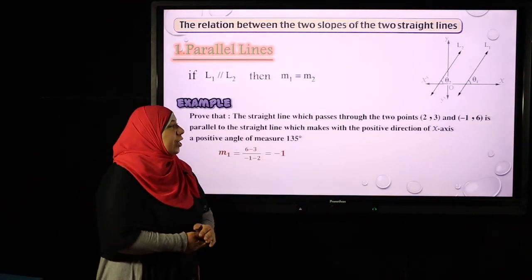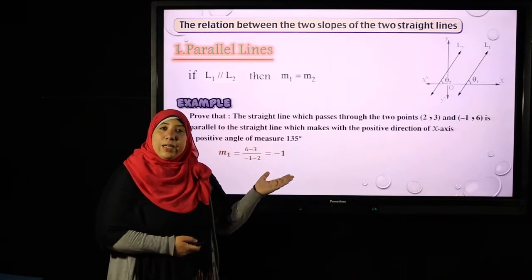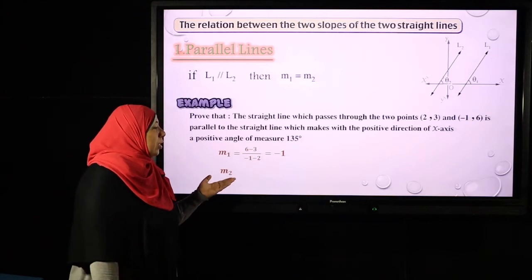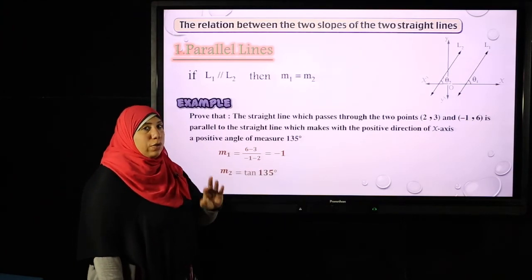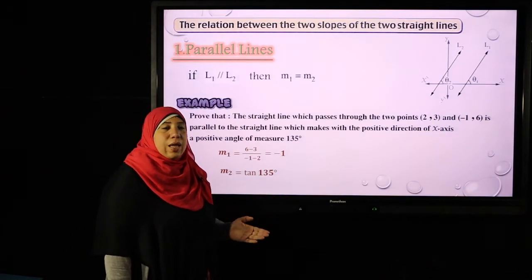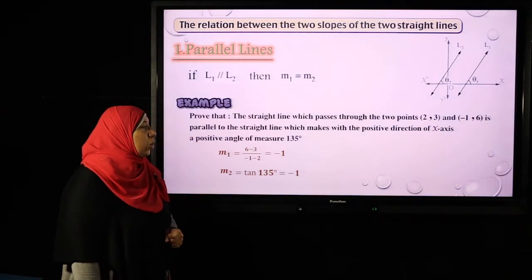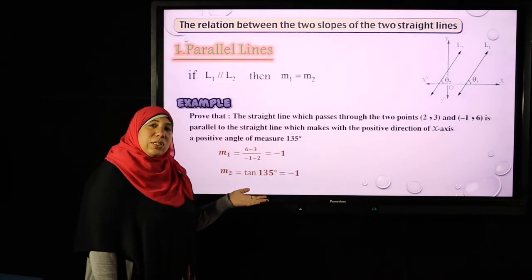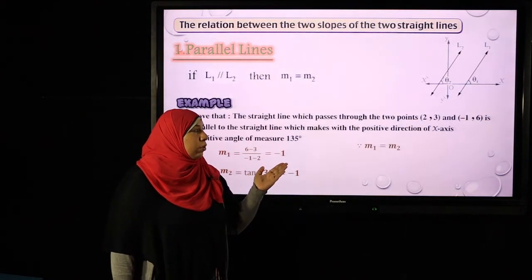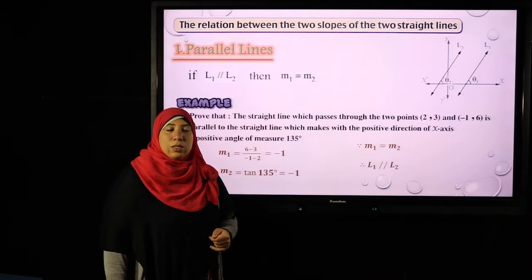The other straight line is given by an angle with the positive direction of the x-axis. So I have to find this slope, which is m2 of the other straight line. I can use the rule tan 135 equal to negative 1. If you notice here, you will find that m1 is equal to m2, so the straight lines are parallel.